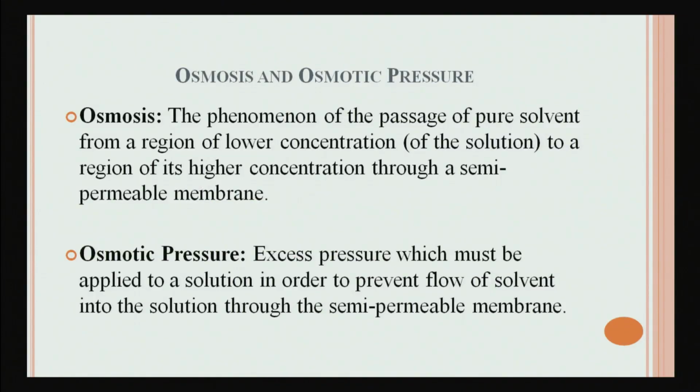So, osmosis and osmotic pressure, what exactly is this? Osmosis is the phenomenon of the passage of pure solvent from the region of lower concentration of the solution to the region of its higher concentration through the semi-permeable membrane, while osmotic pressure is the excess pressure which must be applied to the solution in order to prevent flow of solvent into the solution through the semi-permeable membrane.